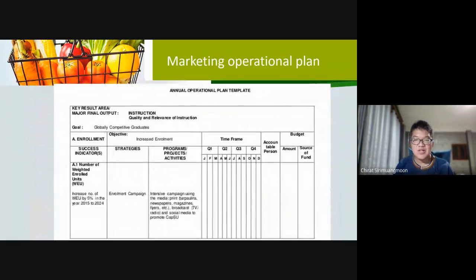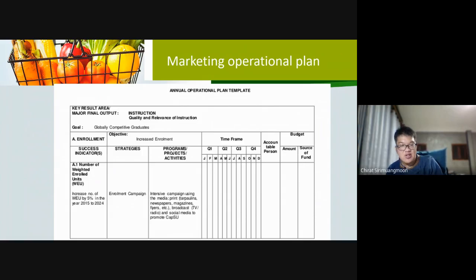The second one is more clear. You need to set the goals here first, like global competitive graduates, and then successful indicators. This is more measurable because they set the successful indicators, or the points that they're looking for.